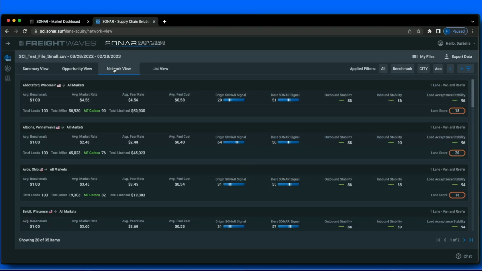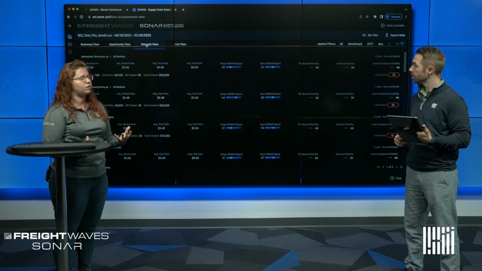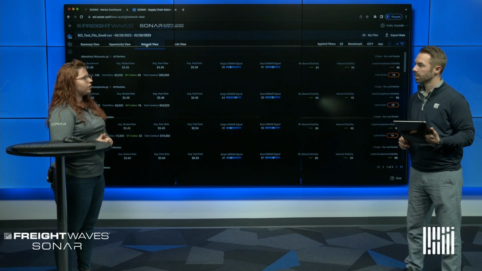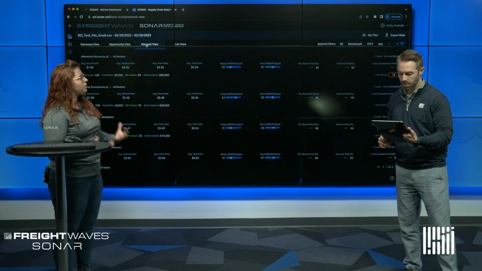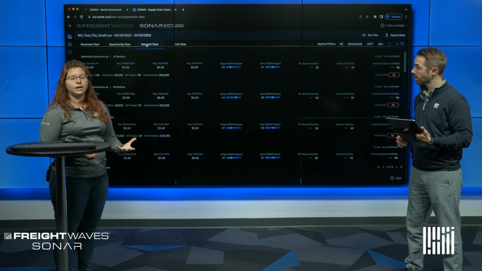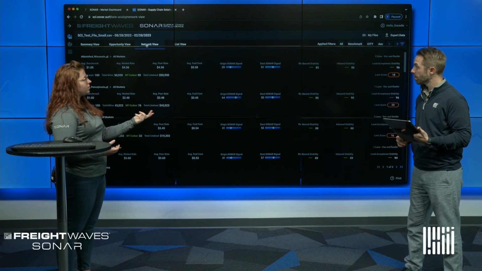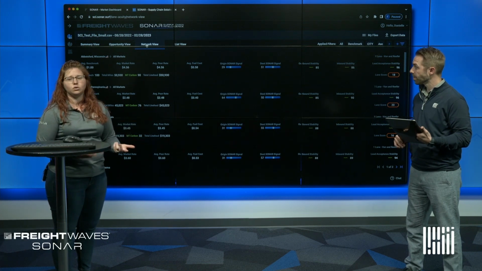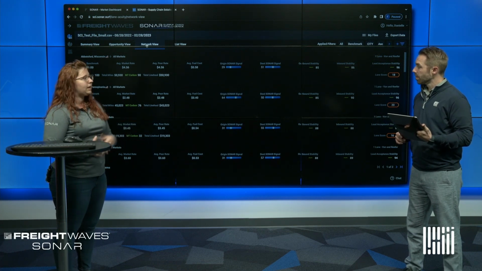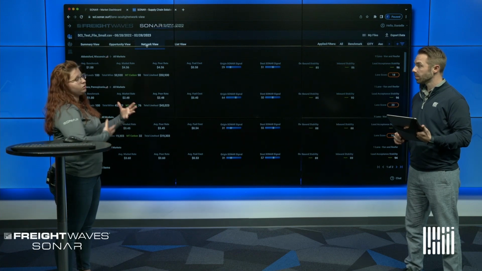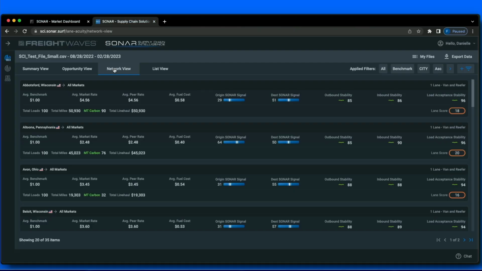Then our next view is the network view, which will allow you to really drill down to the different DCs based on origin and work to see what DCs are going to be the most difficult or unfavorable to the carrier through our lane scores that are fueled from the core Sonar data, and highlight favorable to unfavorable from the carrier's perspective.